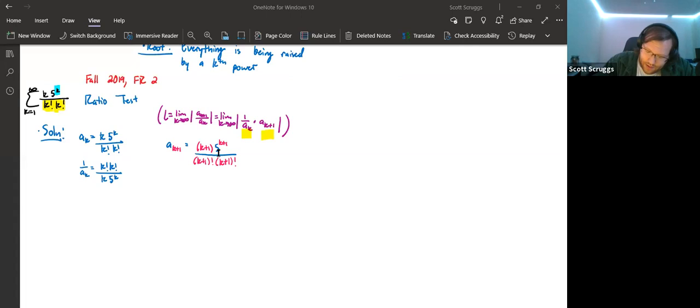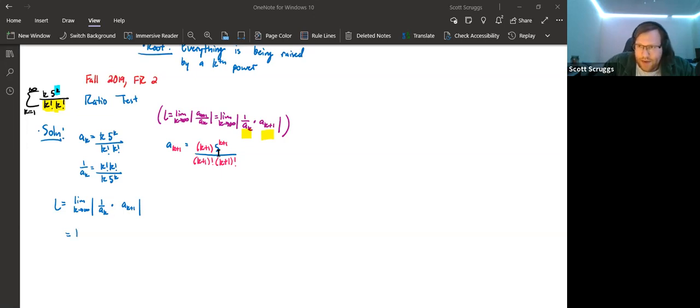So L is equal to the limit as k goes to infinity of the reciprocal of a of k times a of k plus 1, which is equal to the limit as k goes to infinity.